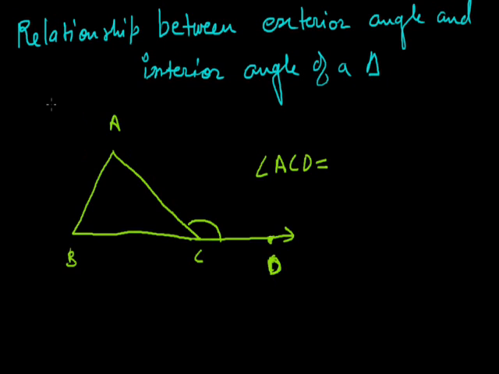Interior opposite means if this is the exterior angle, then the interior opposite angles to this are angle A and angle B. So it will be equal to angle A plus angle B.